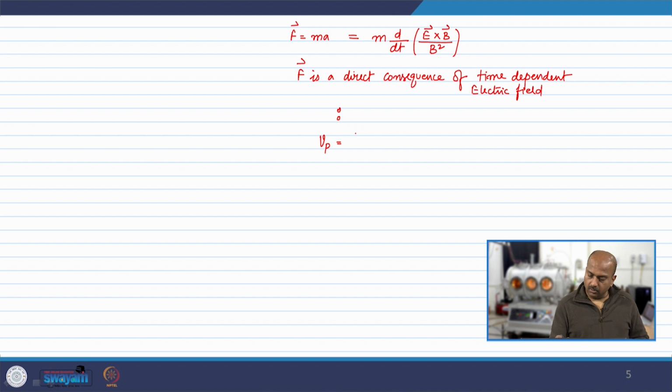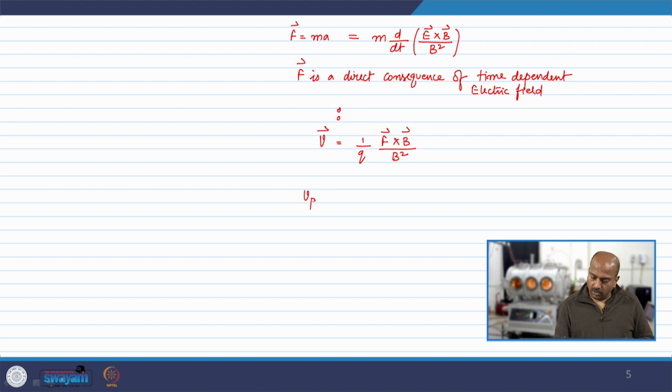V_p, if we have to get the expression for some velocity component which is because of a generalized force, we know that this is equal to 1 by q, F cross B by B square, right. So, we now have to substitute this relation for F into this.